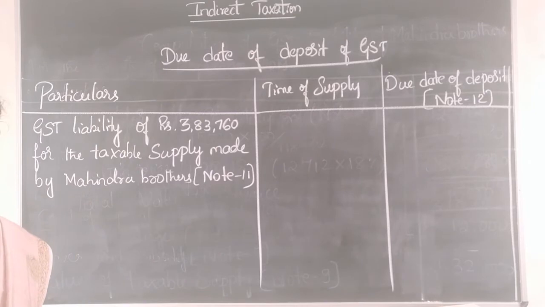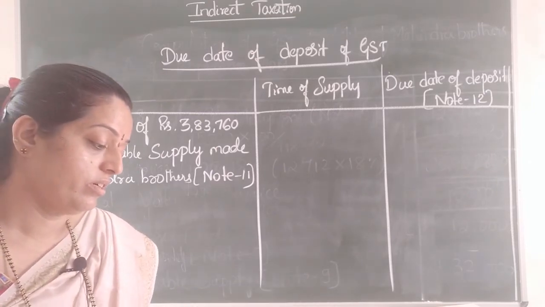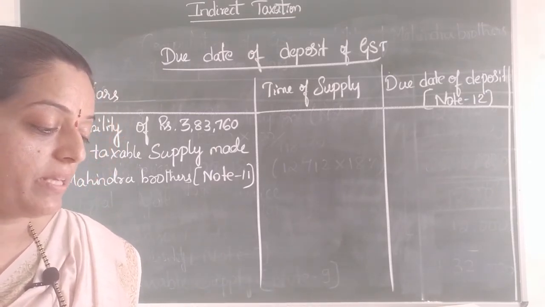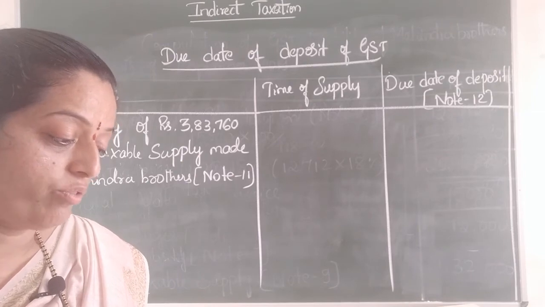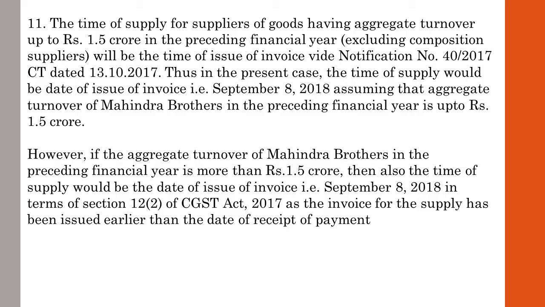So note 11 says that the time of supply for suppliers of goods having aggregate turnover up to 1.5 crore in the preceding financial year, excluding composition suppliers, will be the time of issue of invoice dated 13th October 2017.